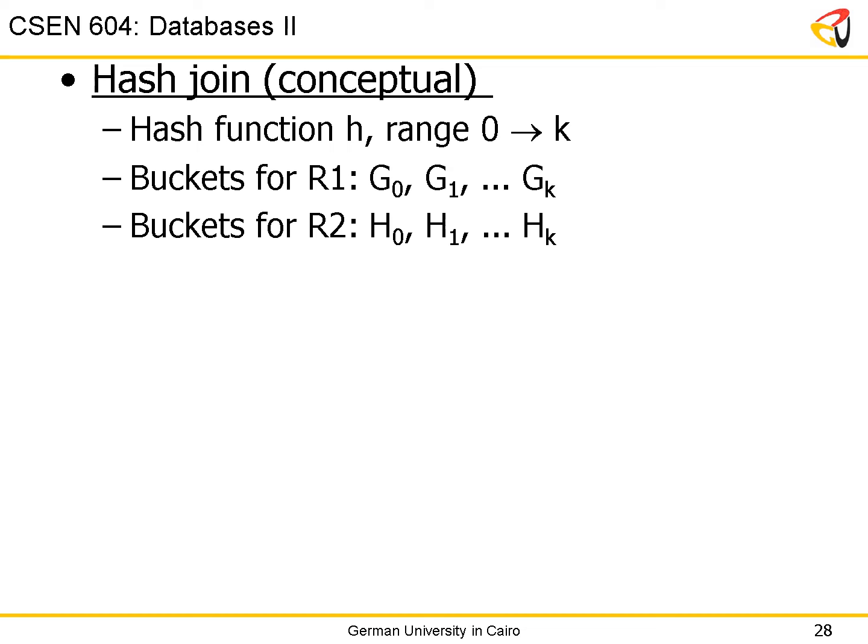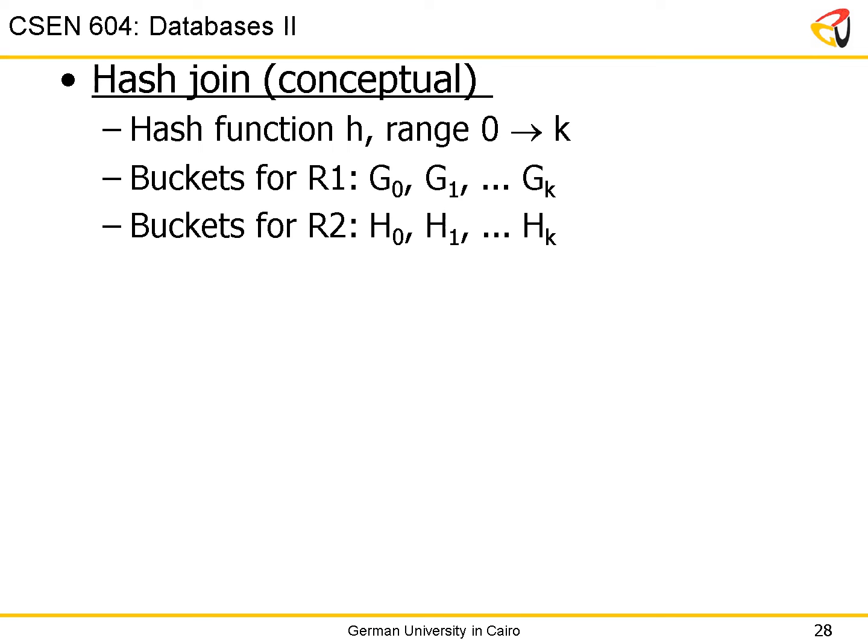Like I have here an example. If I have the same hash function h producing an output from 0 to k, and I build a hash table of buckets on R1, I will create buckets from G0 to GK.